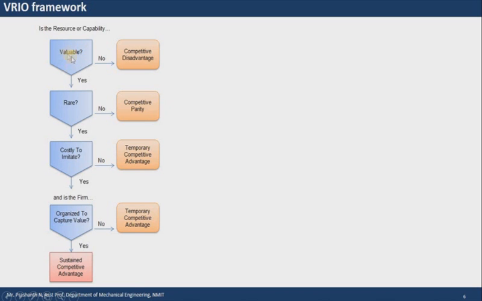And if the answer is yes, then we look into the rarity. Rare basically means the resources the company possesses should be rare. It should be something which is part of the company and not found in any other company, right? If this is also true, then we look into the imitation part.